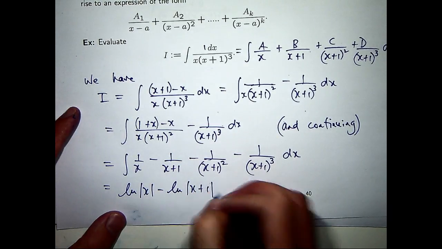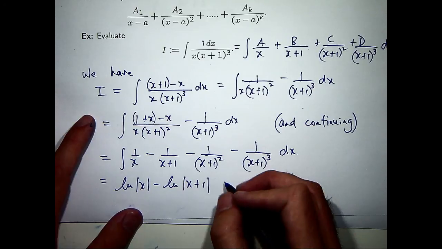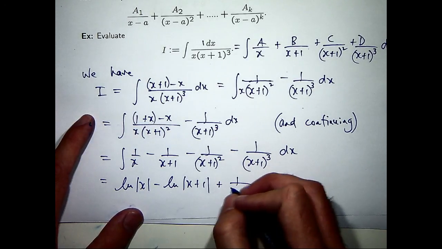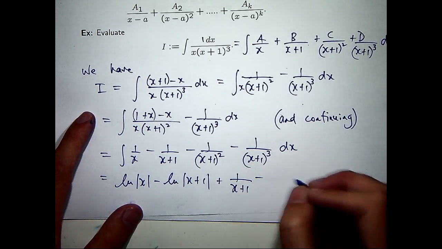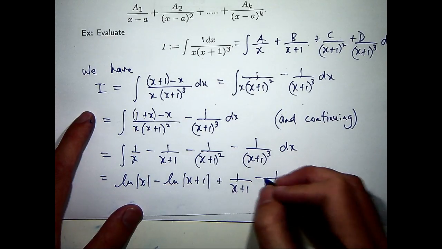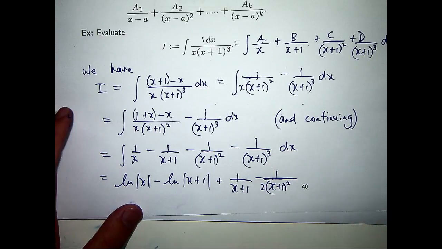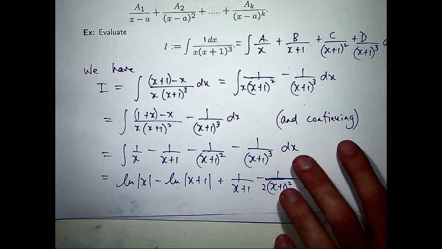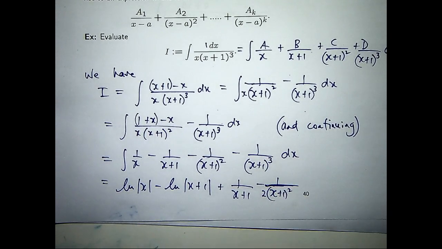Okay, so this is going to go to plus 1 on x plus 1, and this is going to go to this over 1 on 2 bracket x plus 1 all squared, plus a constant.